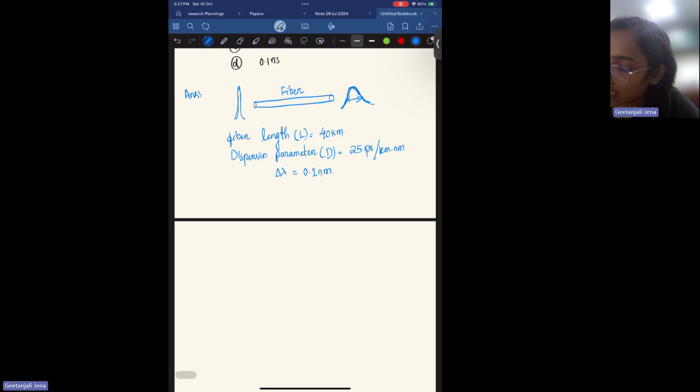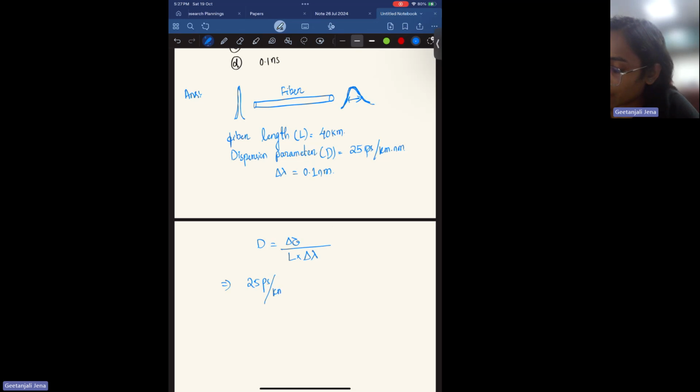And as we have seen, the temporal spreading delta tau is directly proportional to the dispersion parameter D, the length of the optical fiber, and the source line width. Now you just have to put in the parameters. So it is 25 picosecond.